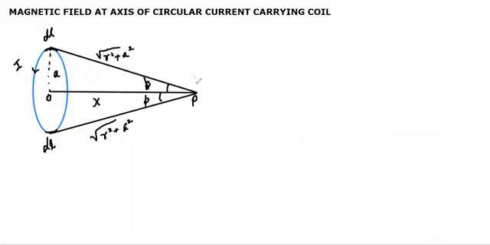Fine. Now at this point P, there is a magnetic field due to this dl, and there is a magnetic field due to this dl also. What would be the direction of these two magnetic fields? If I draw, let this be due to this dl, this magnetic field, I would give the name db1.